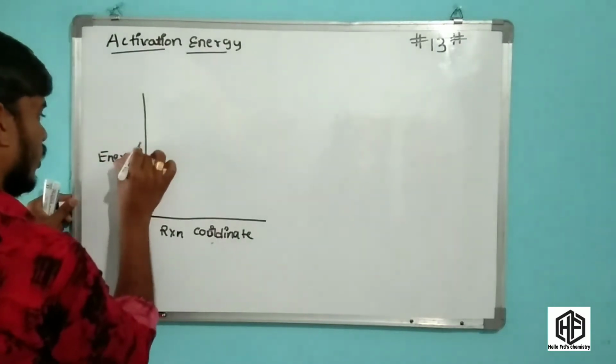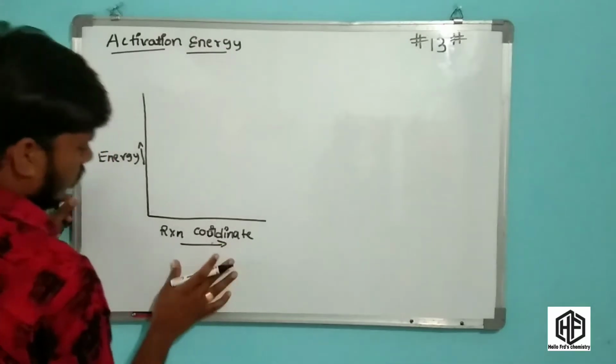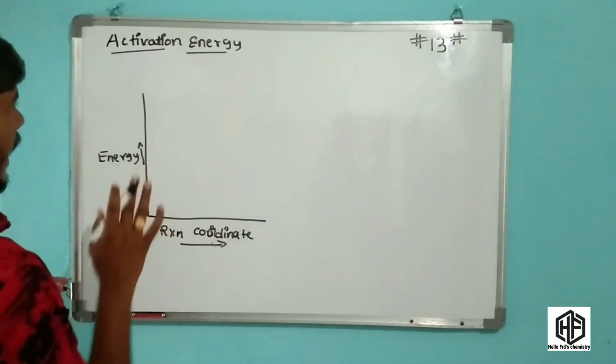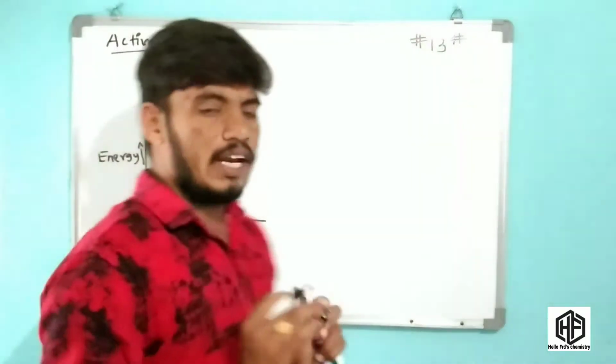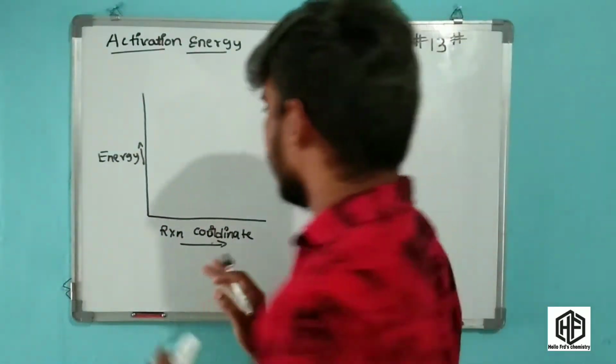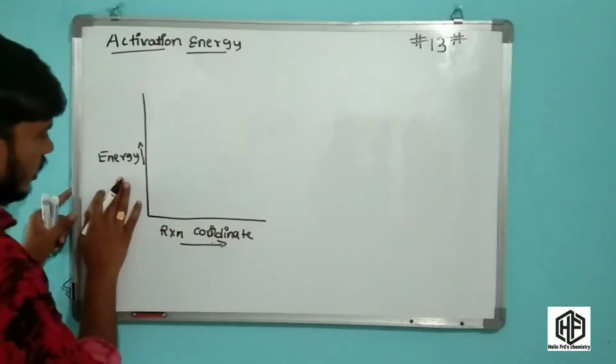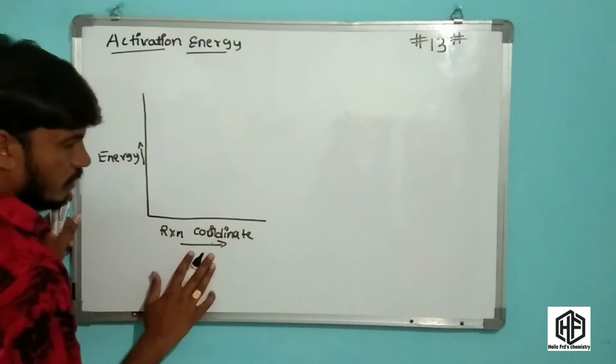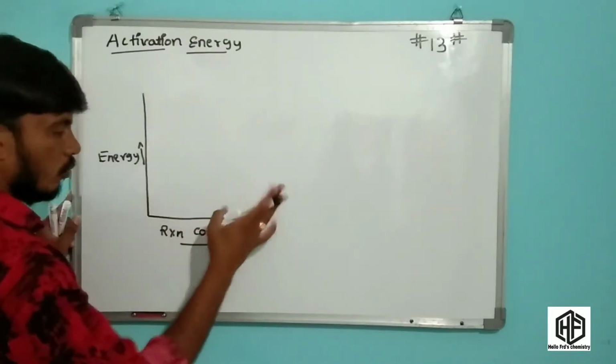Okay friends, reaction coordinates and energy, activation energy in endothermic and exothermic reaction. First of all, this is the reaction coordinate, meaning reactants are converted into products.